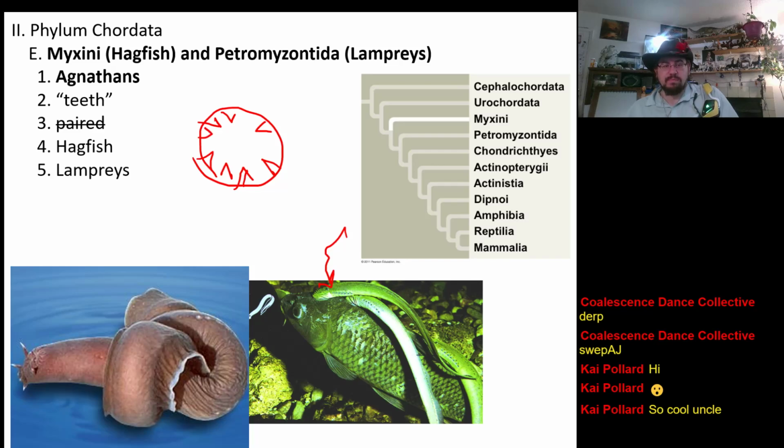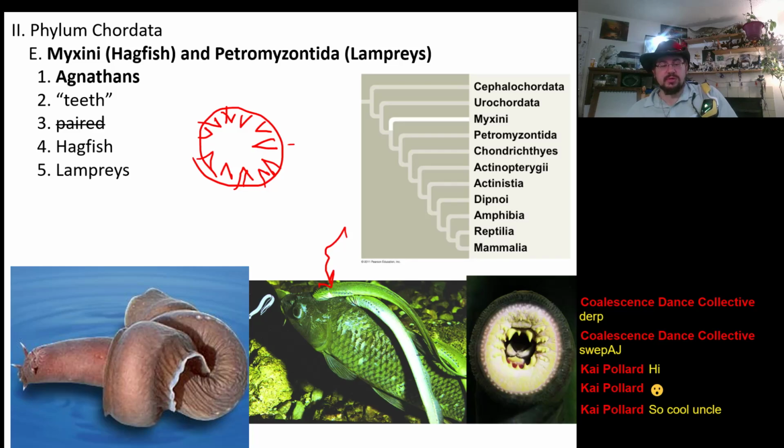So in the parasitic lamprey, they use those keratinized pointy structures to attach and feed off of them. Marine lampreys actually have freshwater larvae, which is kind of cool. So there's our oral disc with our keratinized tooth-like projections.